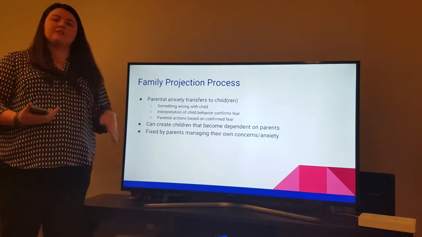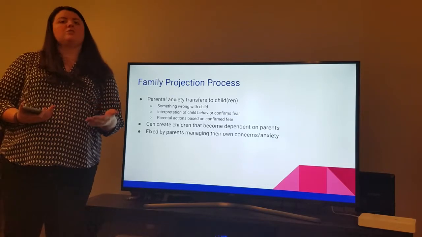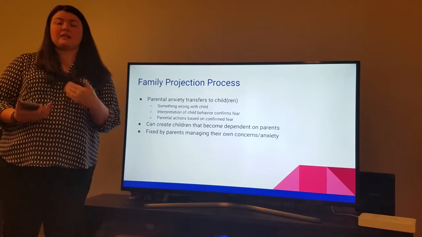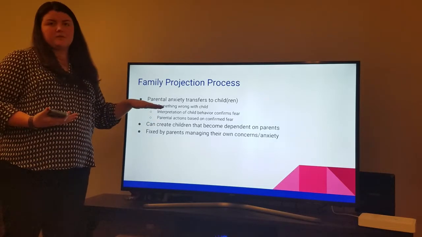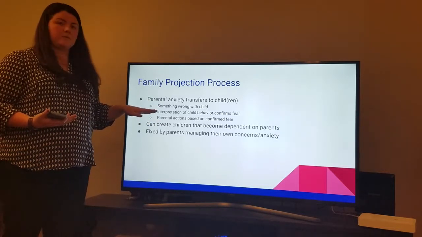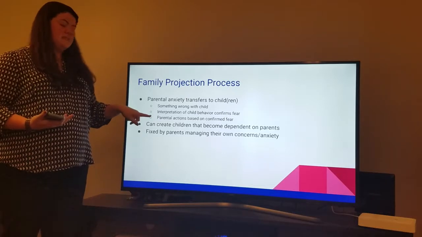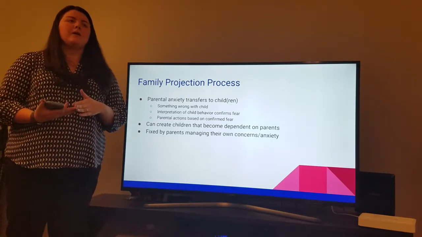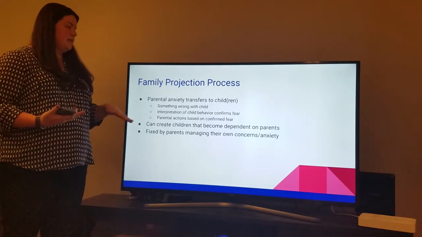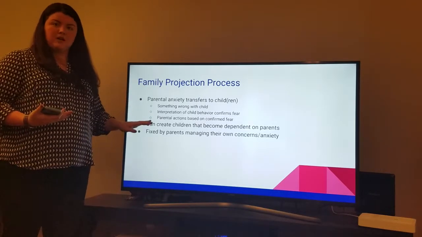The parental actions are then in response to perceiving that there's something wrong with their child. So there was nothing originally wrong with the child. This fear didn't need to be confirmed, and these actions are now off base compared to the child's actual actions. It will take time in therapy to undo this thought pattern.